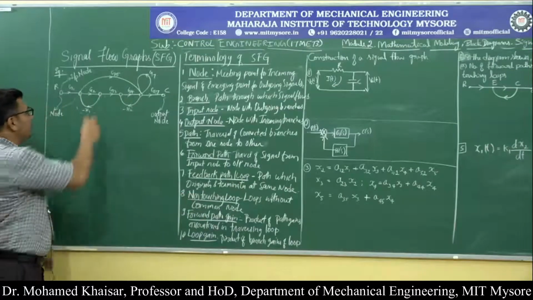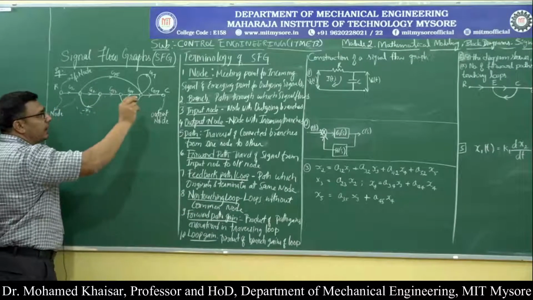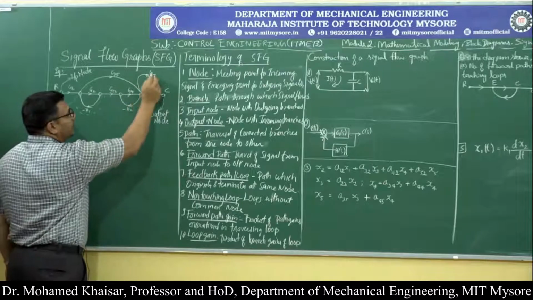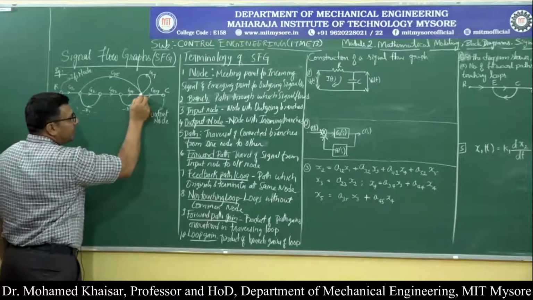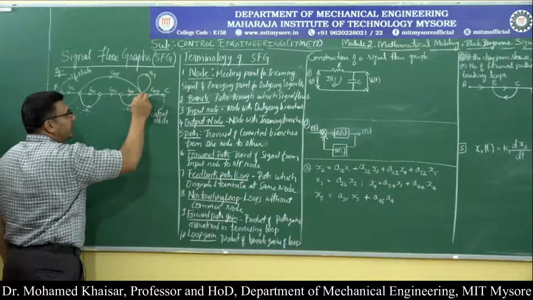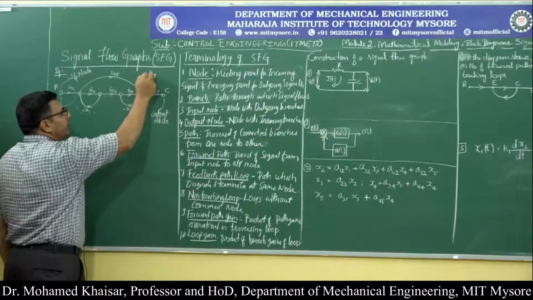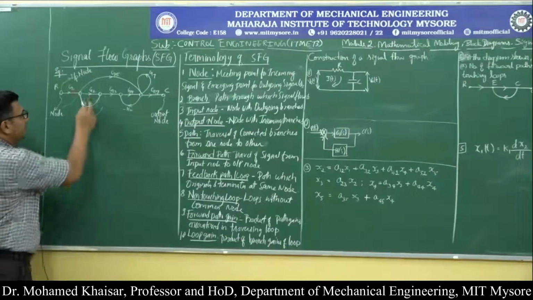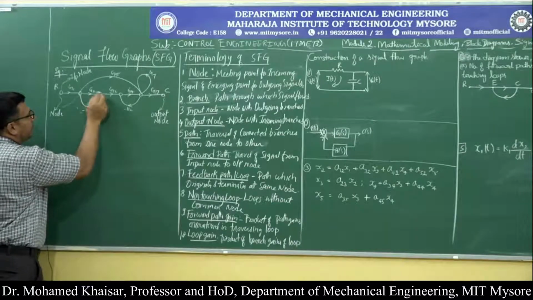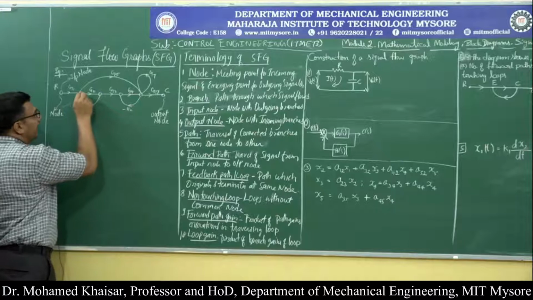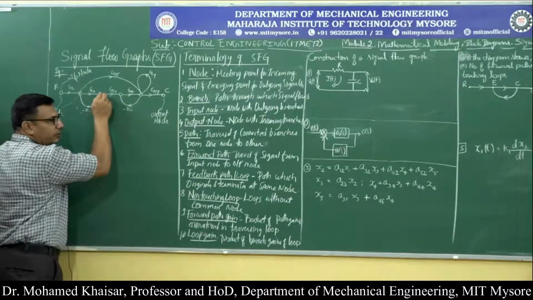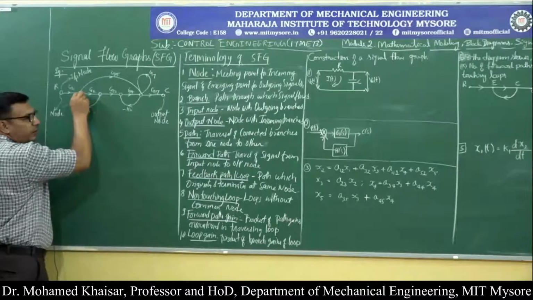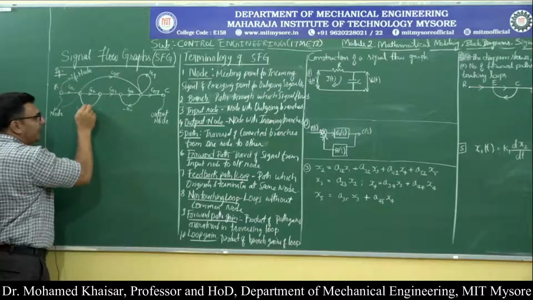It need not always travel to another node. If you observe over here, a path is starting from this node and terminating at the same node, and in between there is no other node coming into the picture. For this particular feedback path, a path has started here, gone to this node, and then come back to this node. This is called a feedback path.